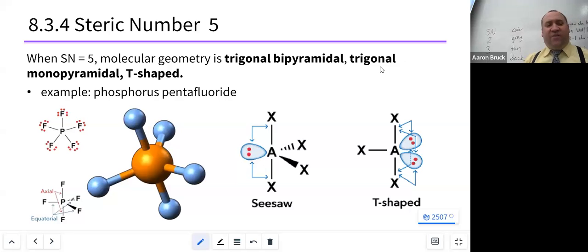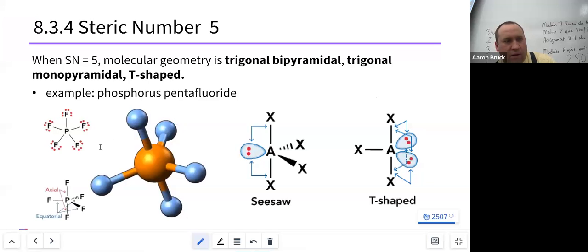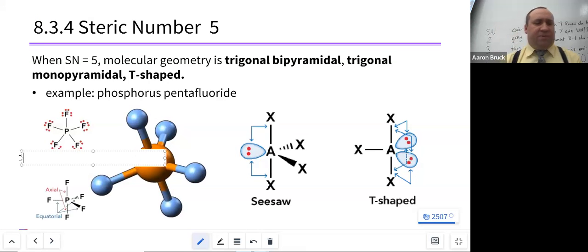And so because of that, we have 2 different sets of bond angles to be concerned with. The axial positions are 180 degrees apart. Makes sense. That's the linear portion.